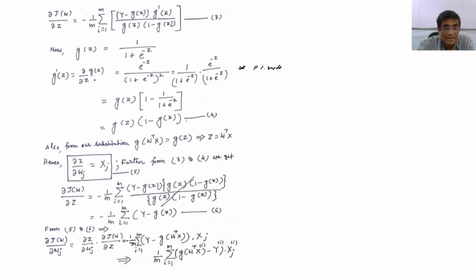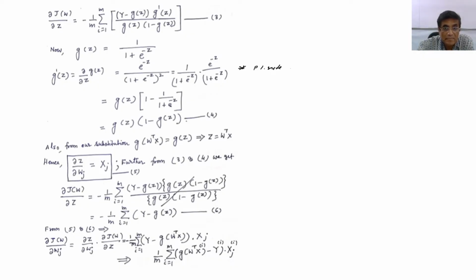This is exactly by definition our logistic function. So in place of this we are writing g(z), clear.